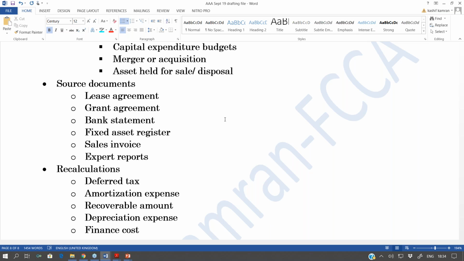Many times in the exam paper we do recalculations, we go into the source documents, we look into the board minutes, right?